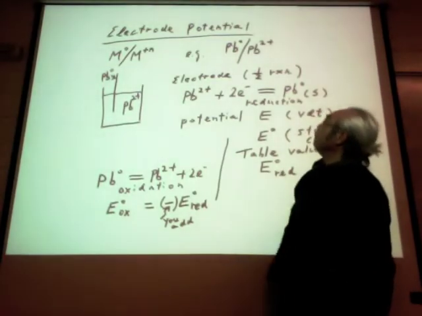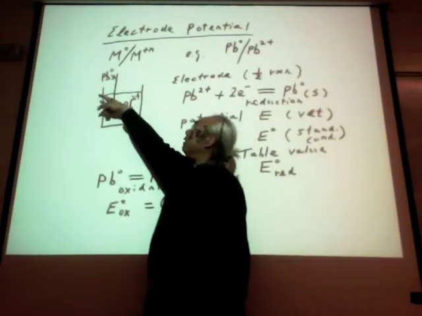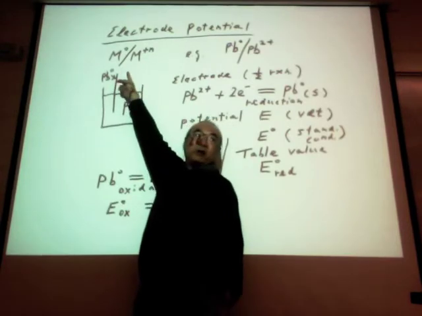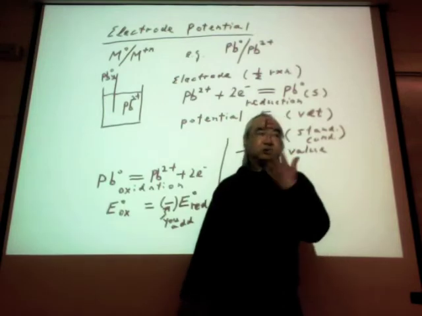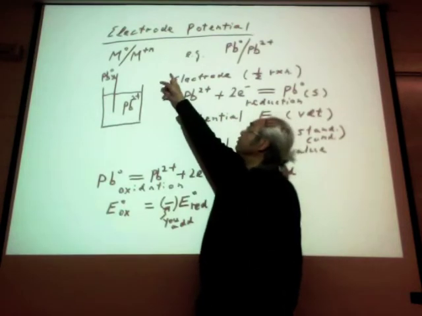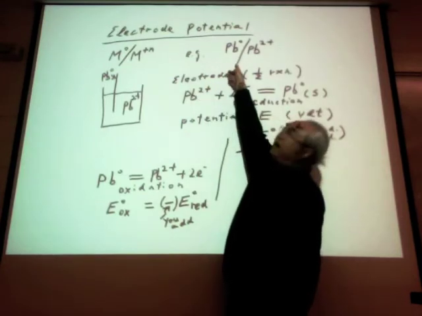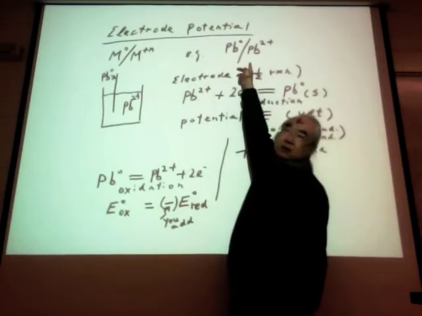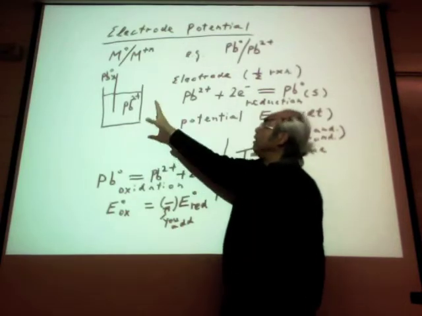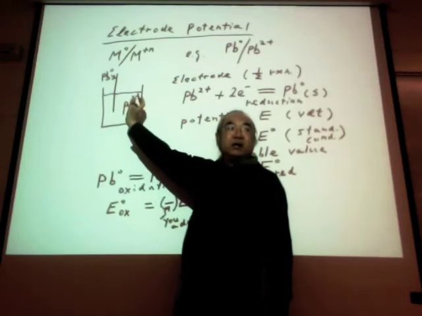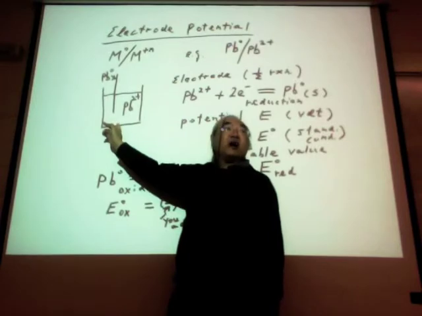For example, the description is like this: neutral metal, pure metal, slash, cation of its own, meaning its solution. An example is lead metal slash lead 2 plus solution. So this is your electrode, and this is your half reaction.